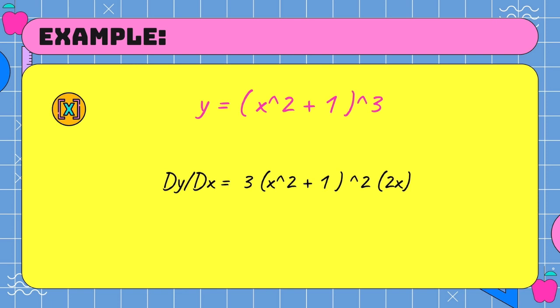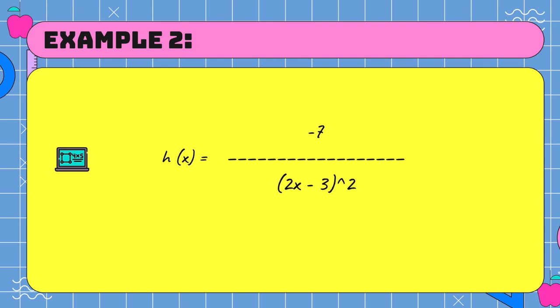So it was 3, now it will be squared. And then we will multiply it by the derivative of the inside function. So what's the derivative of x squared plus 1? The derivative of x squared is 2x, and the derivative of 1 is 0. So the answer will be 2x. Multiply it by 2x. So the answer will be 3 times (x squared plus 1) to the power of 2 times 2x.